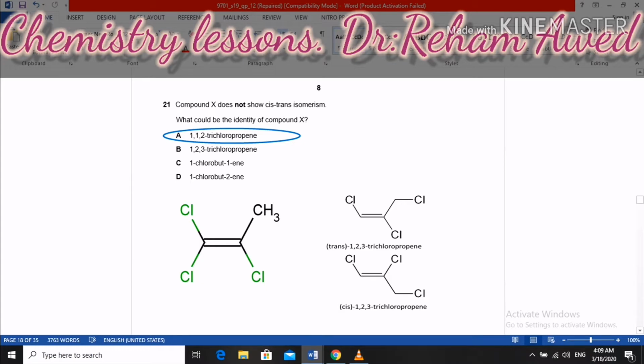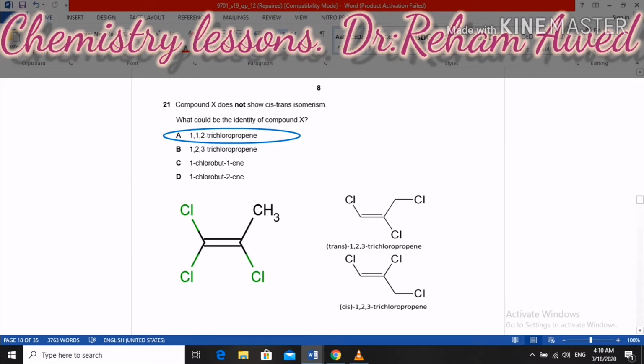So we will start to see our compound. If we rotate any chlorine atom from its position, of course we will have the same compound. So in our compound 1,1,2-trichloropropene, we don't have any cis and trans isomerism.